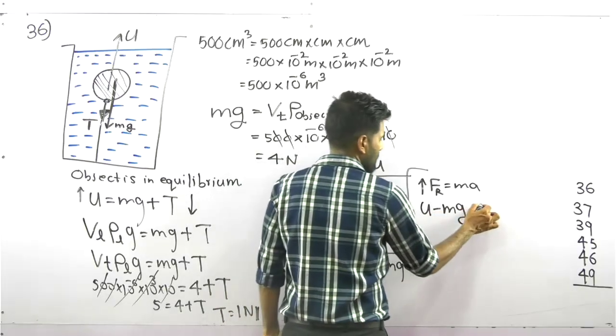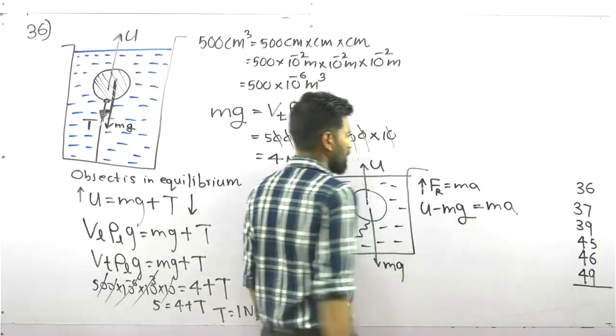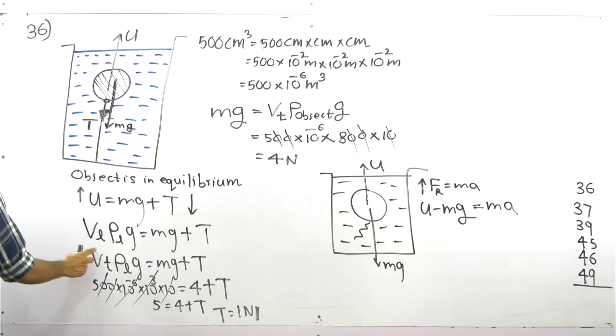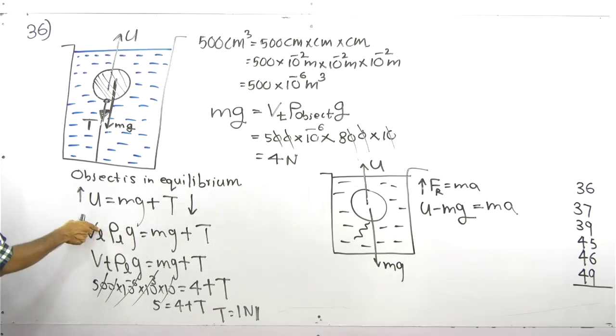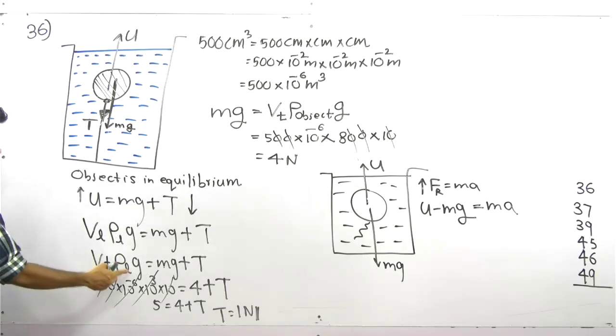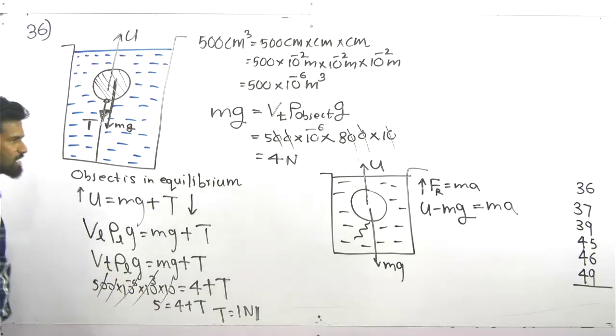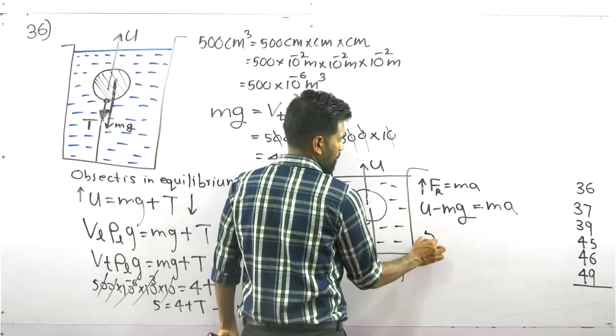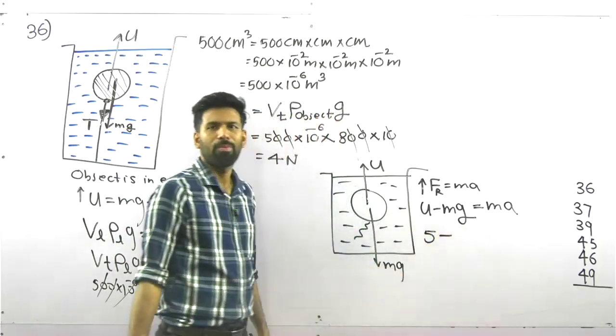Upwards, mass times acceleration. What is the upthrust? Volume inside the liquid times density of the liquid times g. Volume inside the liquid is equal to the volume of the object here. Density of the liquid 10 to the power 3, g. Answer is 5, you know that. What is the weight of the object?